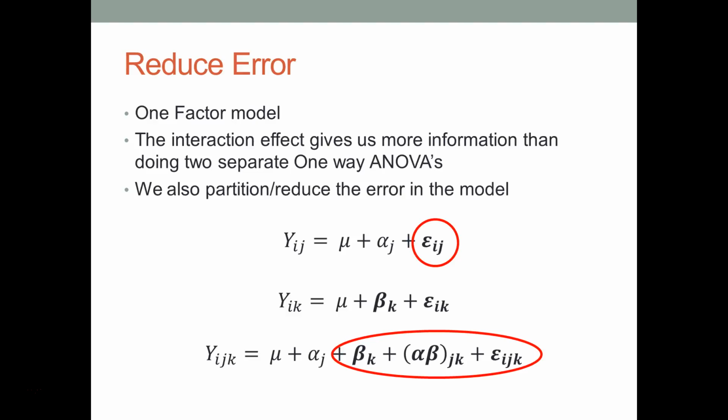If we were doing M&Ms by bag type versus M&Ms by factory, and we ignored the factory effect, we would be kind of in that error here. All of the other effect of the factory and the interaction effect it might have with the bag type would be lost. It's just encompassed in error. But now we're breaking up error, making it smaller and smaller, and we're explaining more things. That's basically what we're doing.